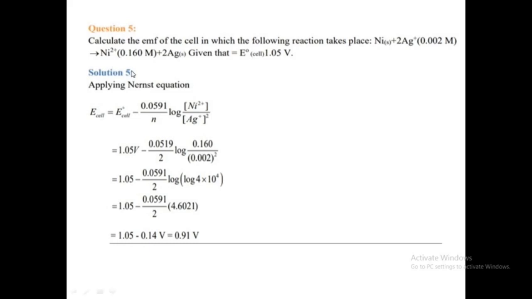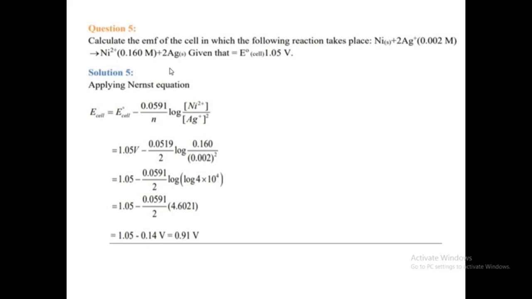Therefore the concentration of product means Ni2 positive, divided by the concentration of reactant, Ag positive. Since nickel is present in solid state, its concentration is considered as 1. To the power of stoichiometric coefficients. In this case the stoichiometric coefficient is 2, therefore Ag positive to the power 2. So this is the Nernst equation for the above chemical reaction.